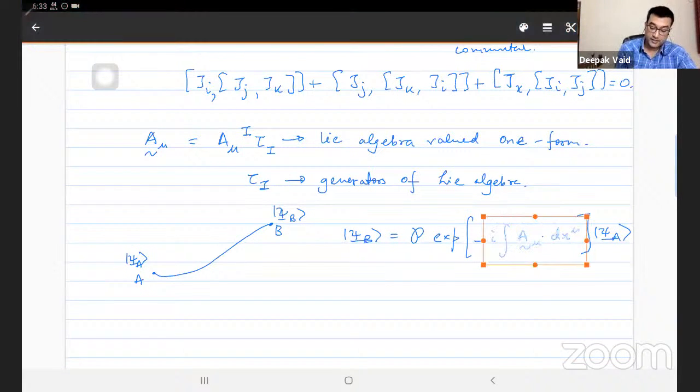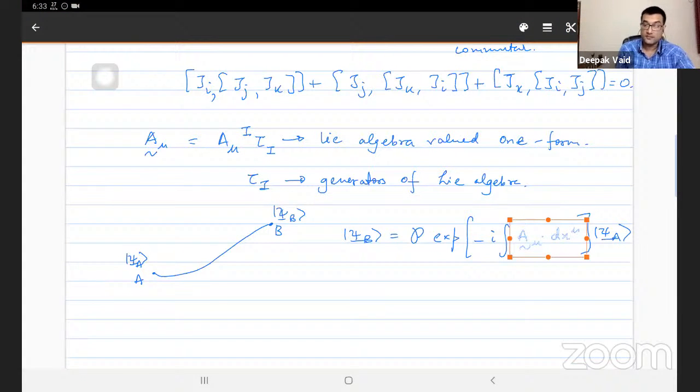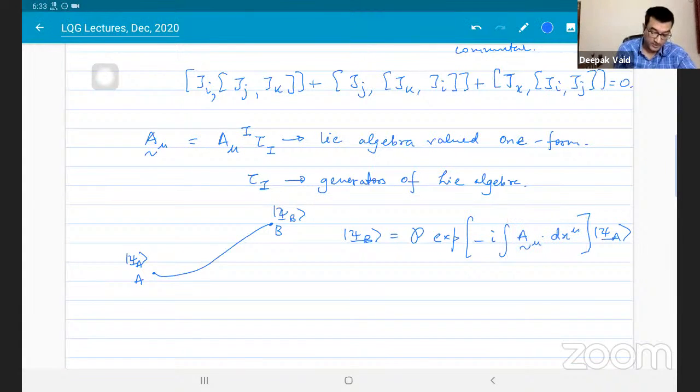Now this integral again is a line integral, but this is not a scalar quantity, this is a matrix. So basically at each point along this path, or at each point in your space-time in general, you are associating a matrix, right?